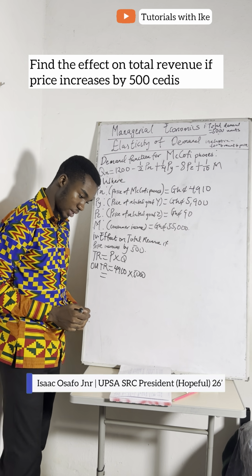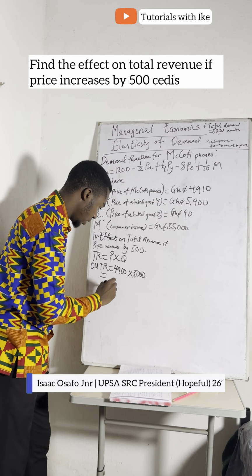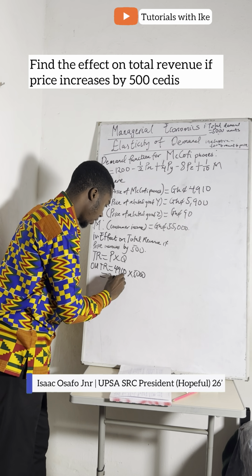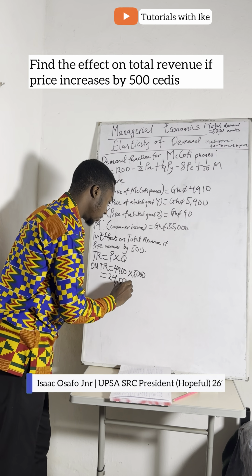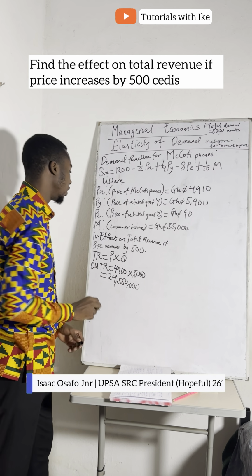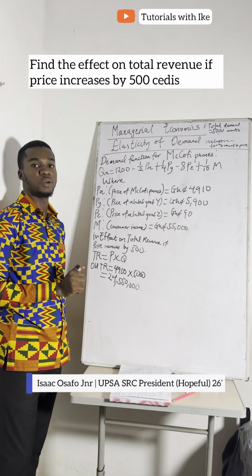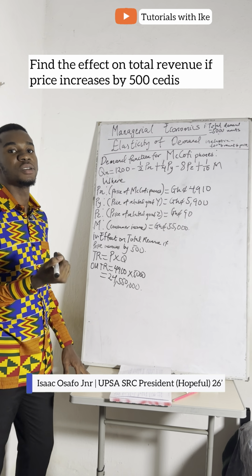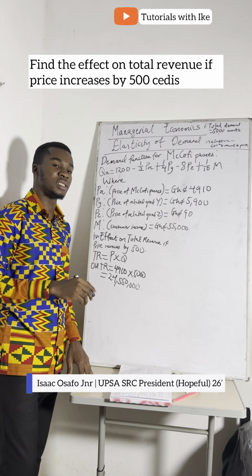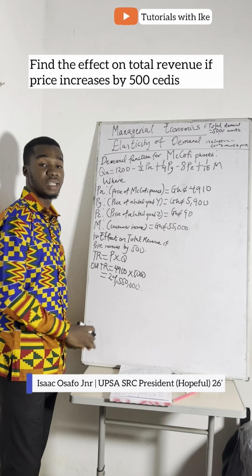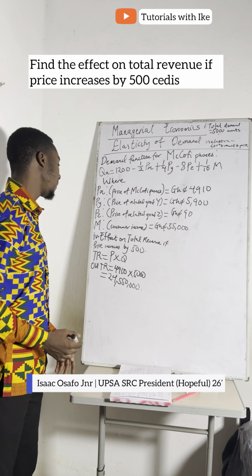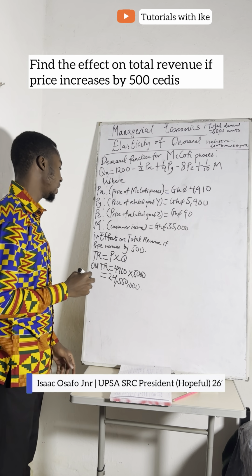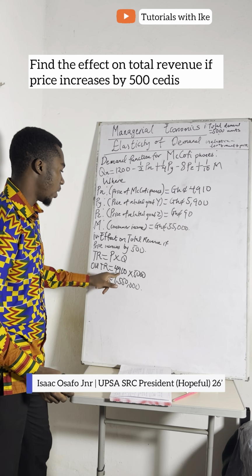When we do that, we should be getting 24,550,000. Right? So this is how much the company was making before they increased the price. And now the company wants to know if they increase the price by 500 cedis, is it going to be more than this or less than this? Do you get it? So now, if they are going to increase the price, it means that the old price is no more 4910.